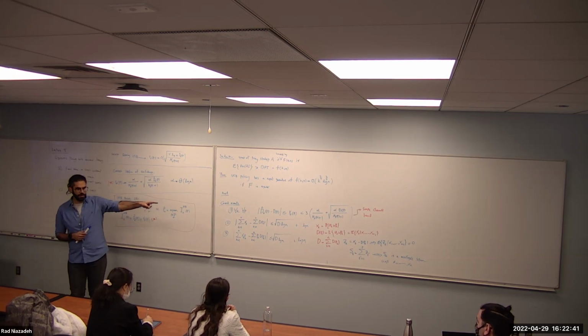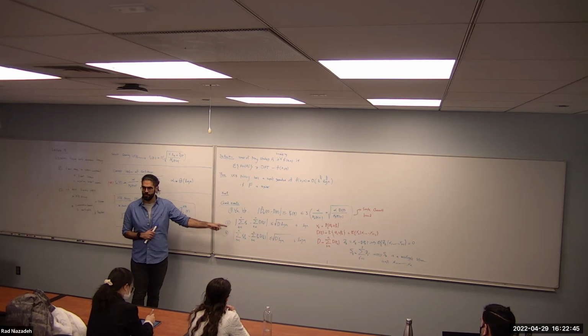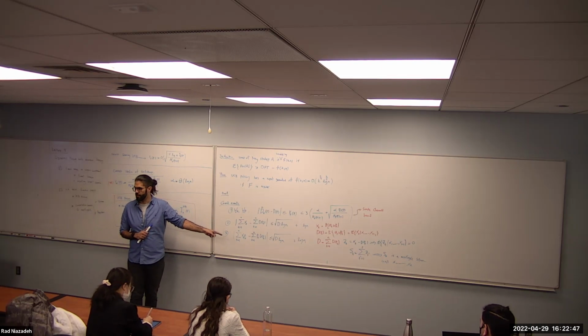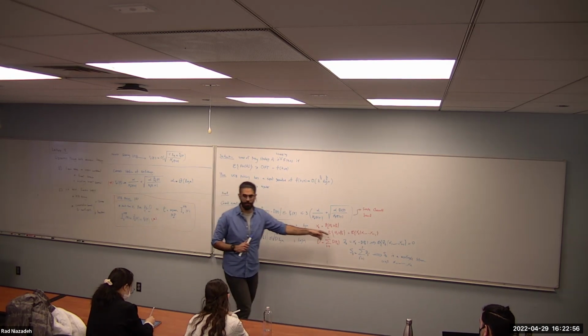Is it clear why that sequence is a Martingale and why, to prove 2 and 3, I need to think about two Martingale sequences? I assume everyone knows what a Martingale is. If you don't know, this is the definition.